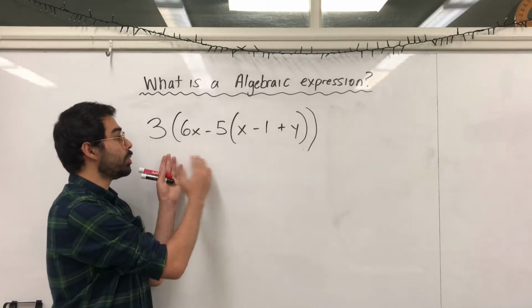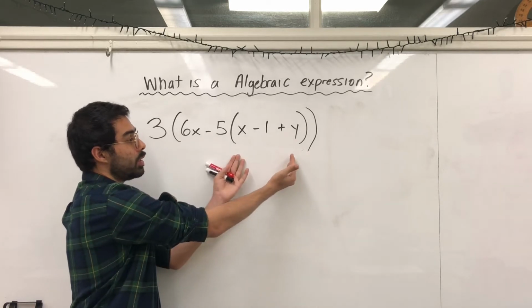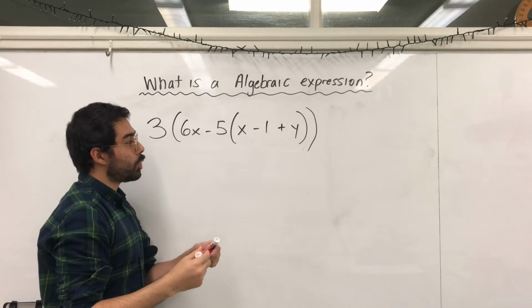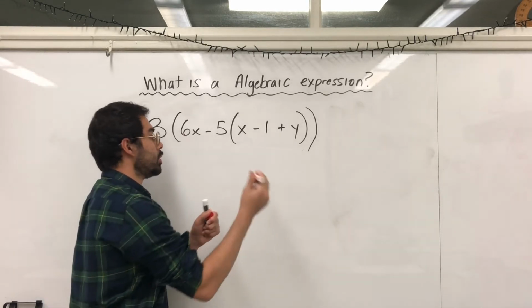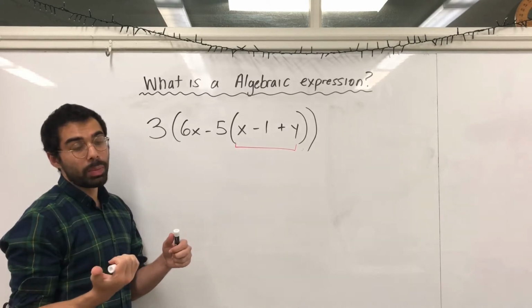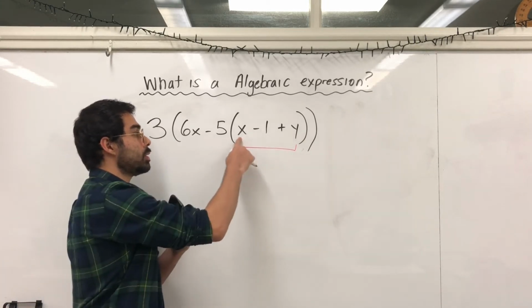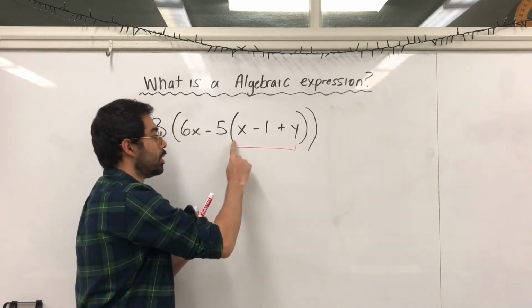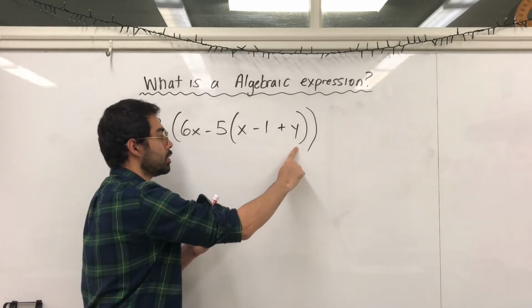Well, you've got 2 of them, one on the outside, one on the inside. You want to work inside out. So here's where we're working first. Look for anything that you can combine. In this case, x, -1, y, they cannot be combined. So we'll have to think of something else.